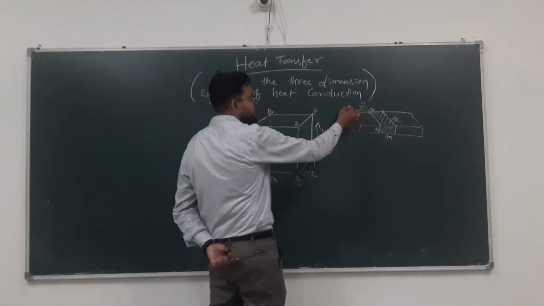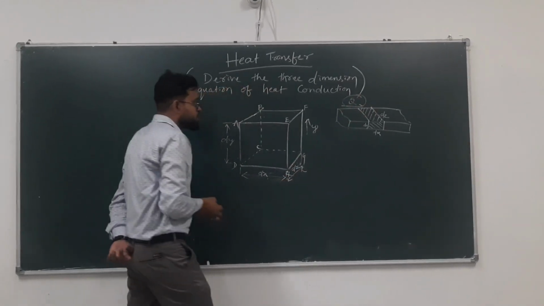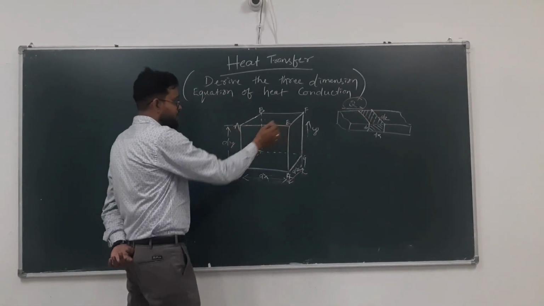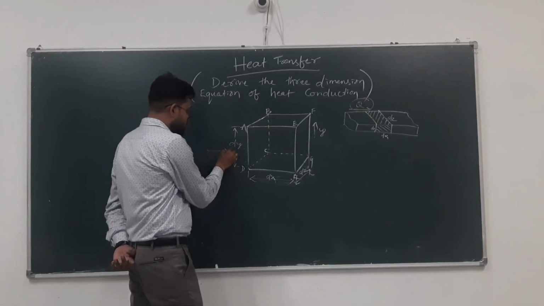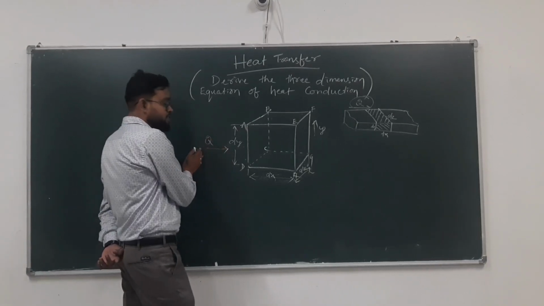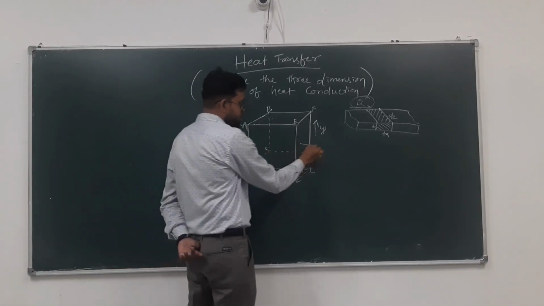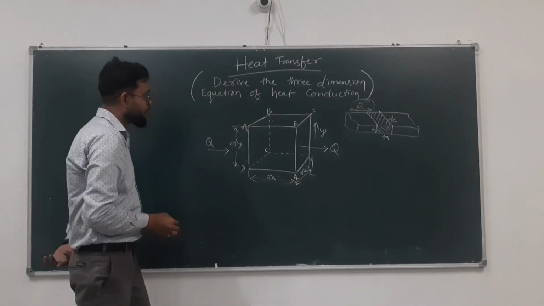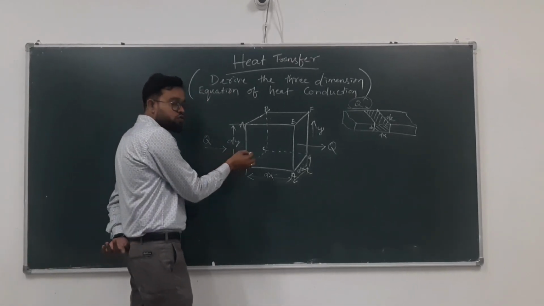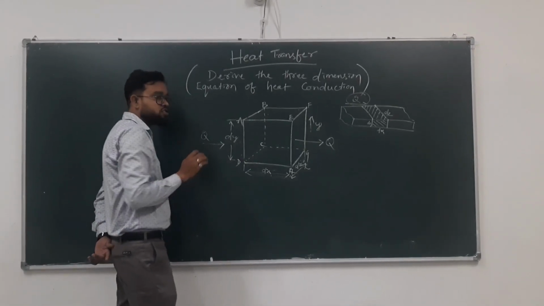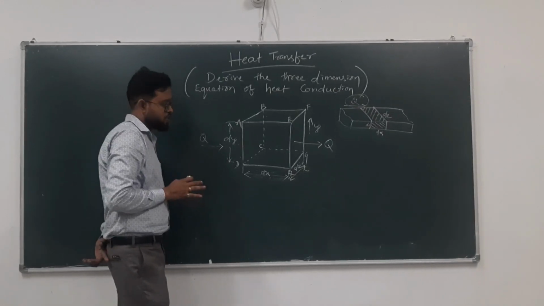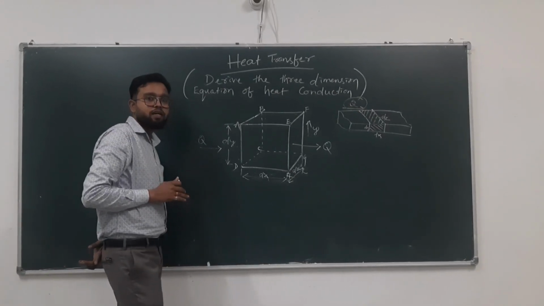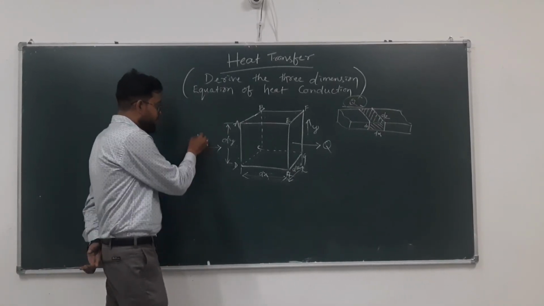Here you can see the heat flows from left to right. This is the heat input and this is the heat output. As it flows in the x direction, let us consider first in one direction. We will now consider in x direction only.